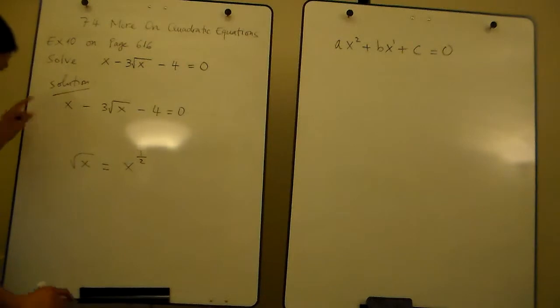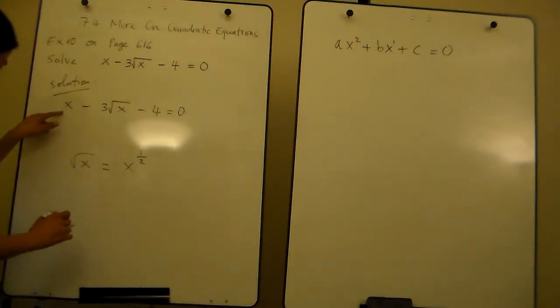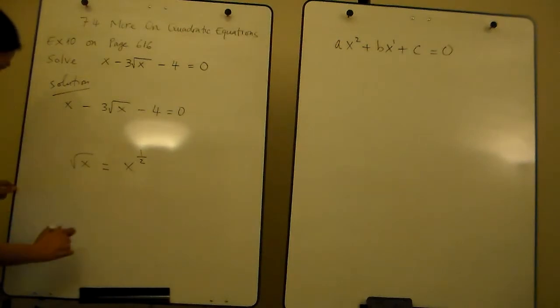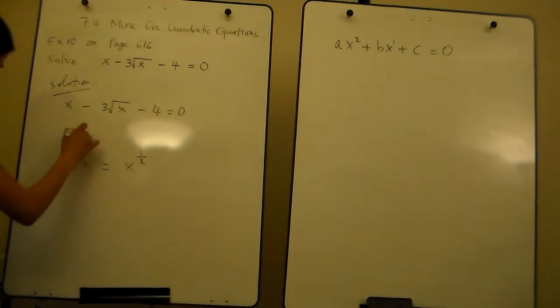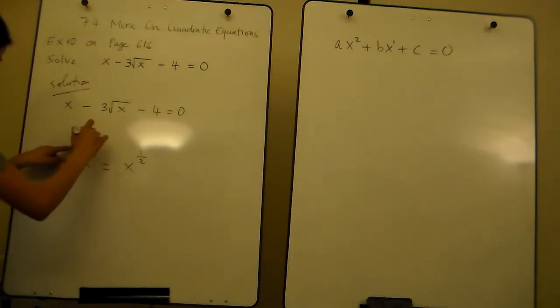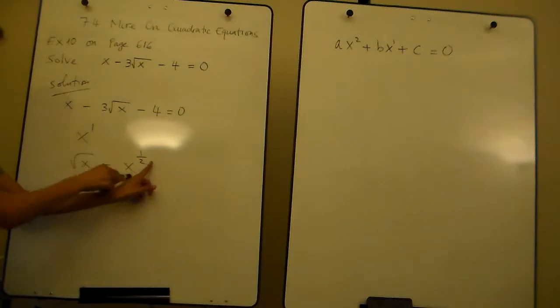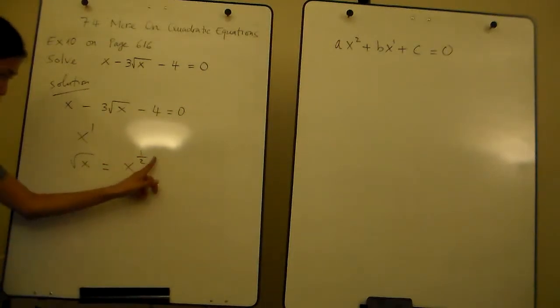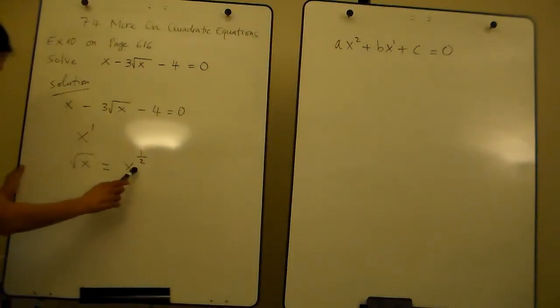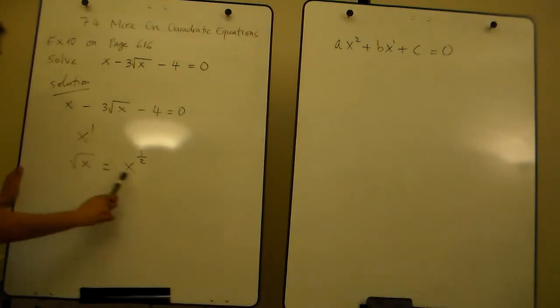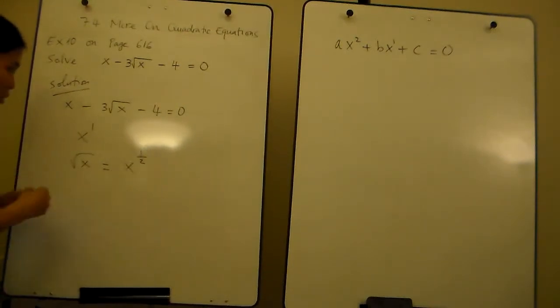And then for x here, x has the exponent 1, right? Think about this. If you multiply by 2 the exponent of this square root of x, you would get 1.